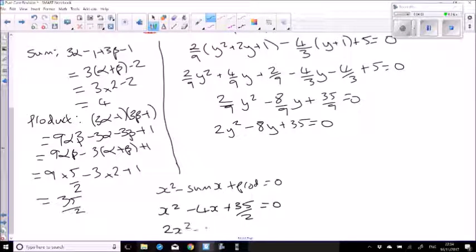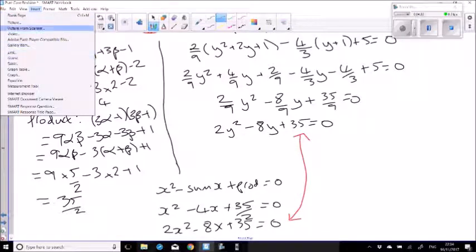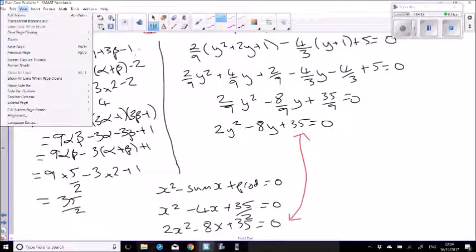So 2x squared minus 8x plus 35 equals 0, which, as you can see, agrees with our answer using the alternative method. So you've got a choice of methods there.